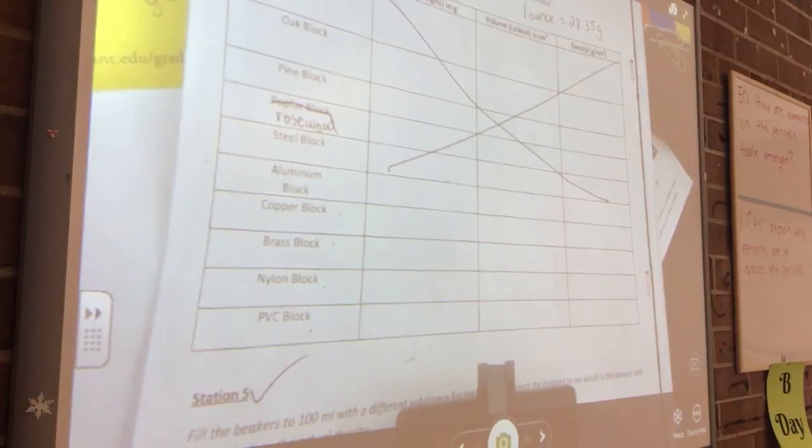And then you're putting it back before you get the next block because I don't want you to get the blocks mixed up. Also remember, there's only one scale that measures in ounces. So you need to do your measurements quickly and then let somebody else over. Do not try to calculate the density of anything without first converting ounces to grams. Otherwise, your measurements will be extremely wrong.